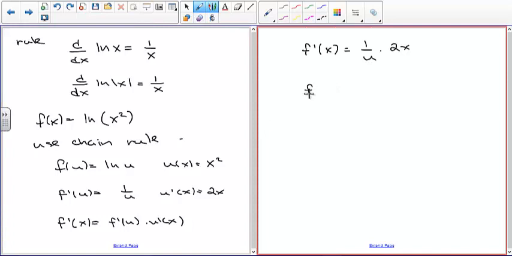So then I substitute that in. So I get 1 over x squared, u is x squared, right there, times 2x. So if you simplify it, you get 2 over x.